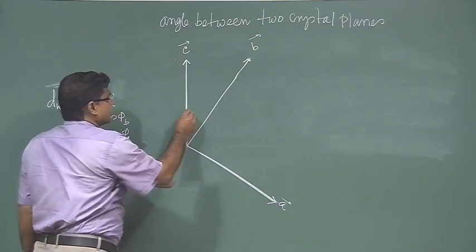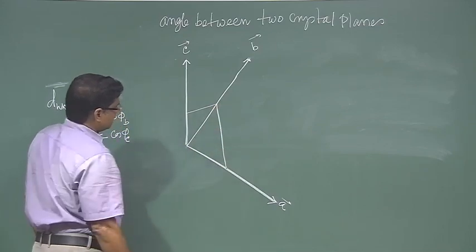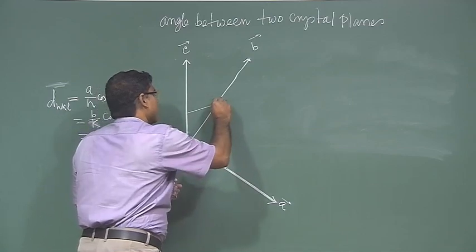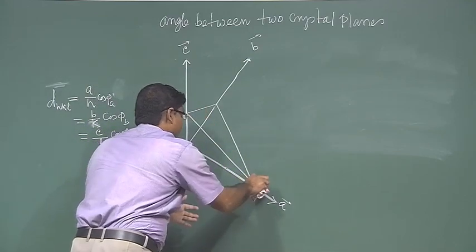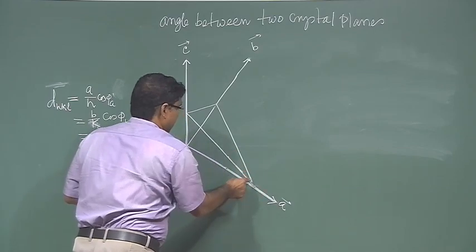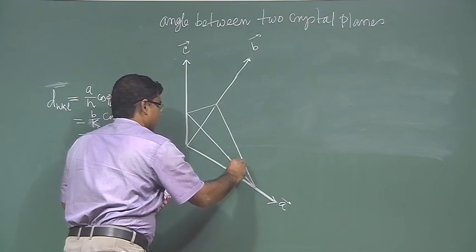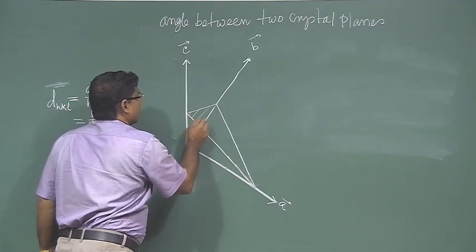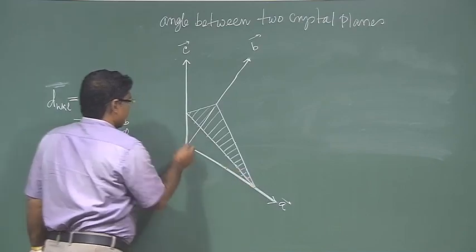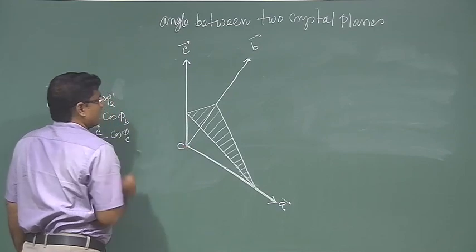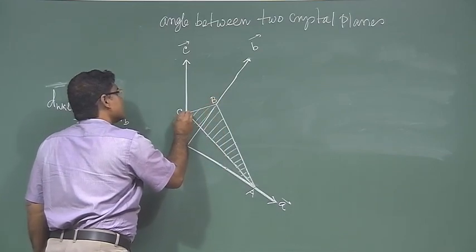Say this is one plane. This is the origin O, and this plane, say, is the A B C plane.